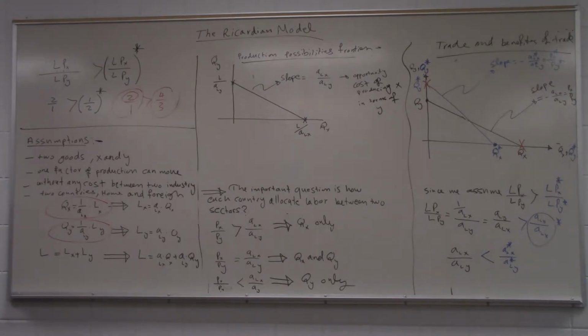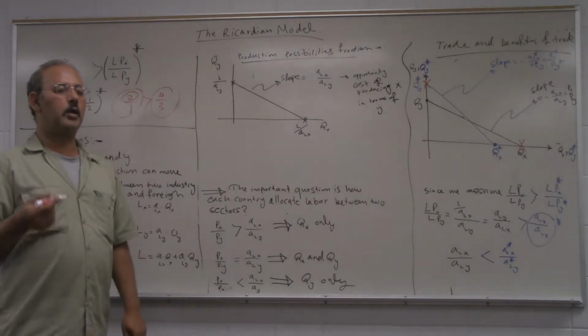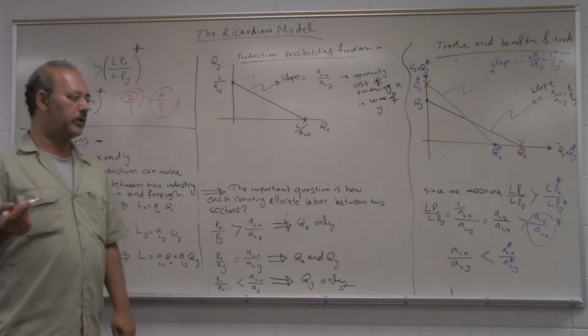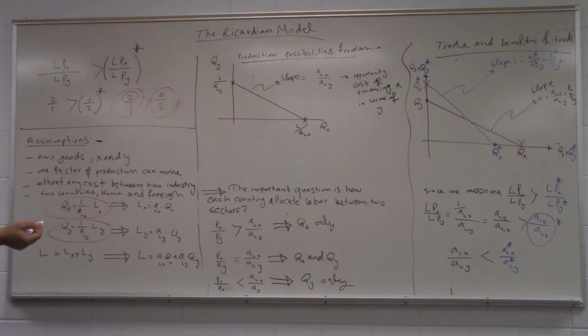This equation is very important, because from it we can derive the labor productivity in producing good X and the labor productivity in producing good Y.